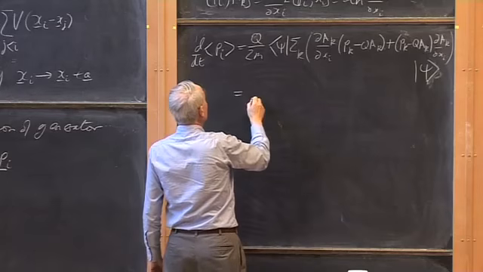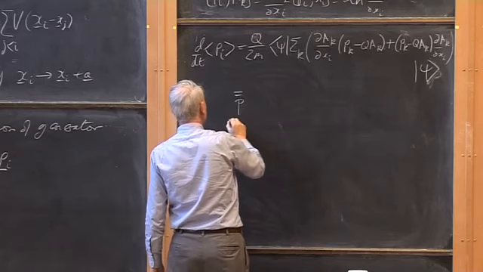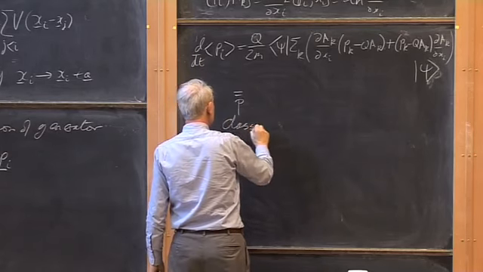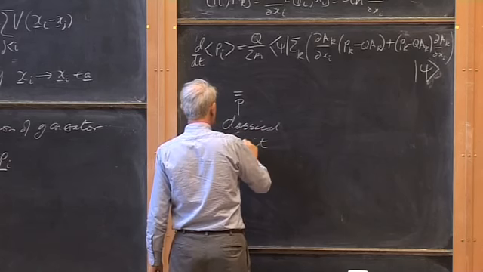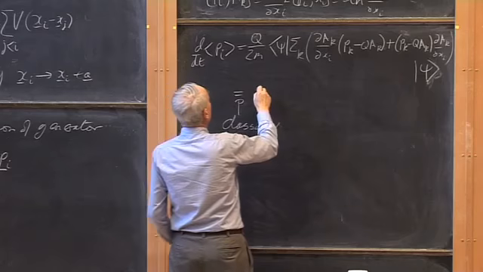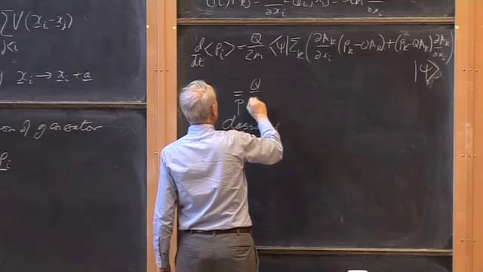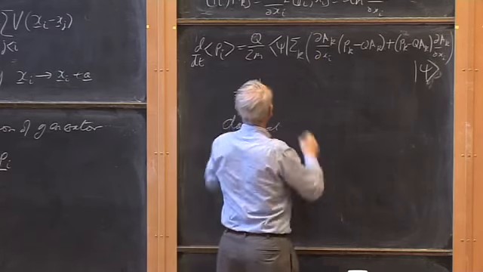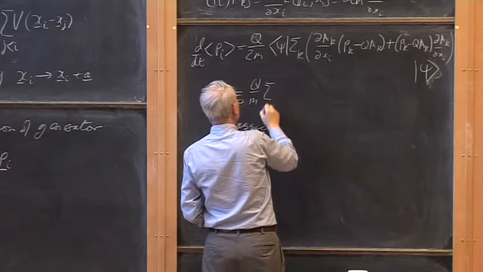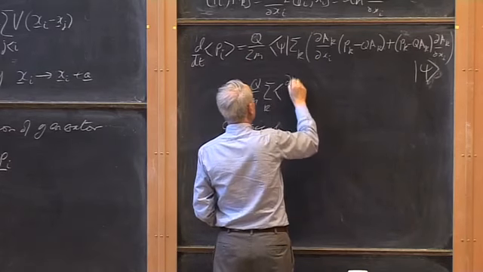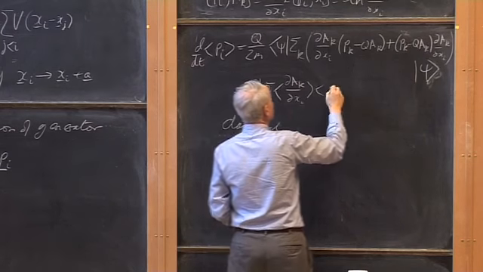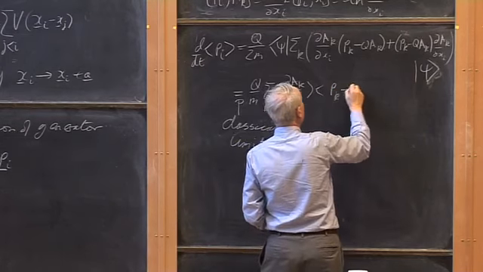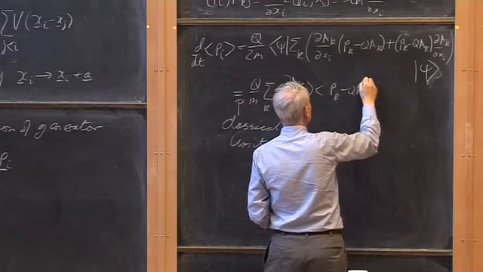So we're specializing now to the classical limit, when we can neglect fluctuations, we can write this as Q over M, because I'm going to combine these two terms, the sum over k of the expectation value of dA_k by dx_i times the expectation value of (p_k minus q A_k).